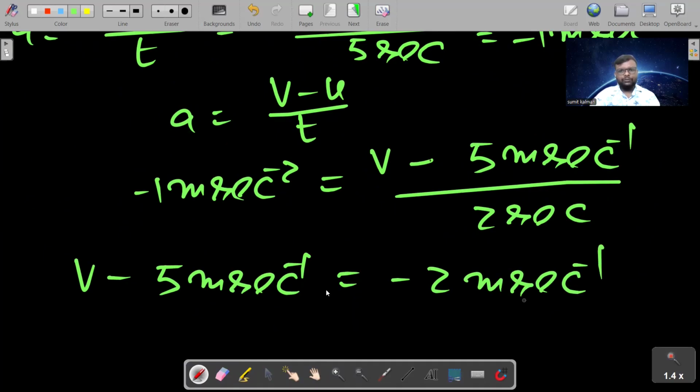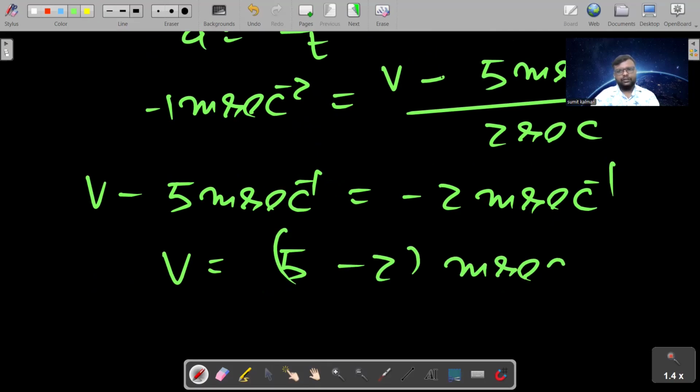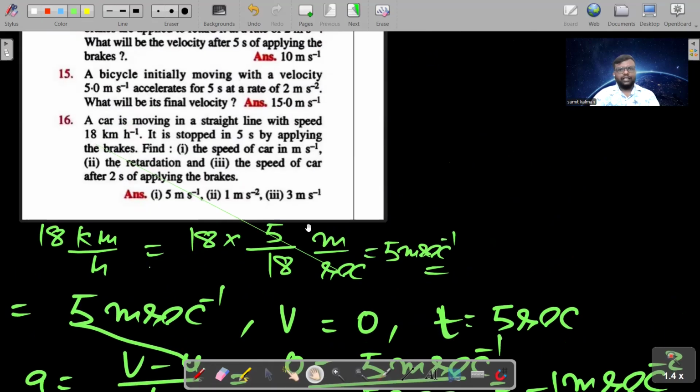So your V will be 5 minus 2 meter per second. So your final speed will be 3 meter per second. This is the correct answer, and the answer is also matching. It is 3 meter per second.